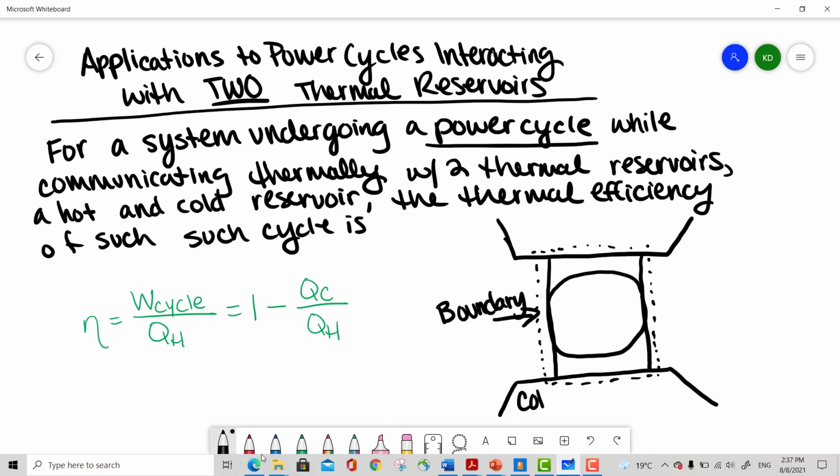Here's the cold reservoir, by the way. I require them to be drawn, but at a minimum, draw the things that you know and write the things that you know so that I can at least see that you've got something going on. Even if you don't fully understand how to answer the question, I at least know that you're in the class, right? I'm taking notes. So I feel like that's worth something.